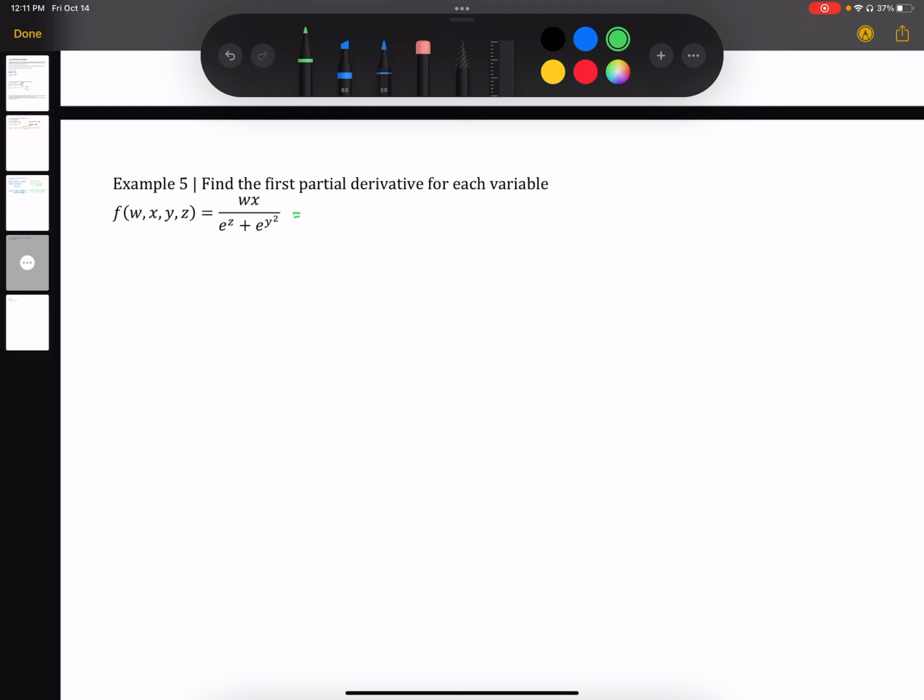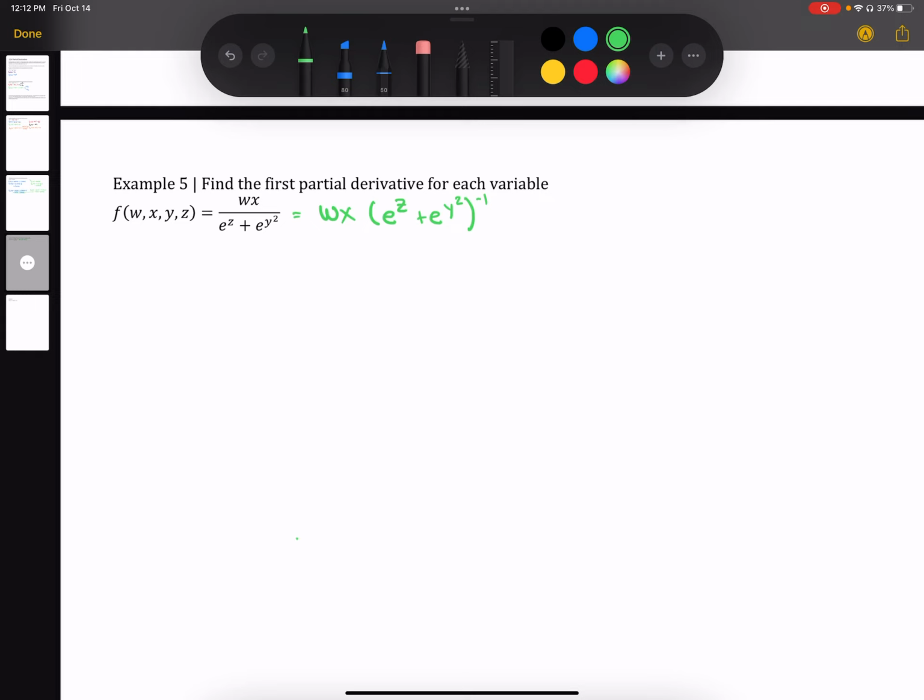One thing I would say is let's rewrite this so that it is wx times e to the z plus e to the y squared, to the negative 1 power. It's going to help out for chain rule stuff.